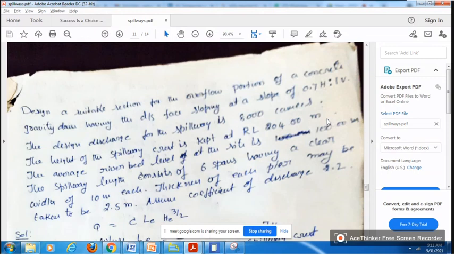The average riverbed level of the site is 100 meters. The spillway consists of 6 spans having a clear width of 10 meters each. The thickness of each pier may be taken as 2.5 meters. Assume the coefficient of discharge is 2.2. So this is the data given to you.